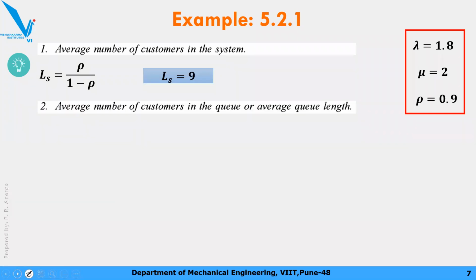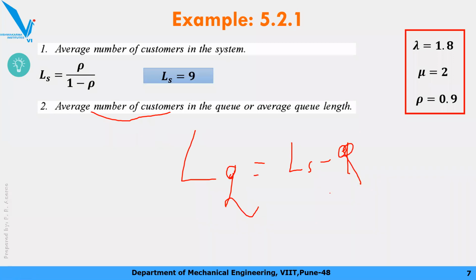Next, they have asked us to calculate the average number of customers in the queue, or average queue length. So average number of customers मतलब length calculate करना है in the queue. So LQ is nothing but LS minus rho. So that becomes 8.1. और कॉमन सेंस भी आपका बता देगा.